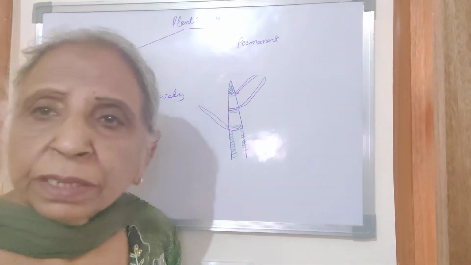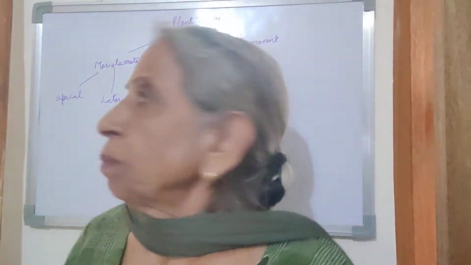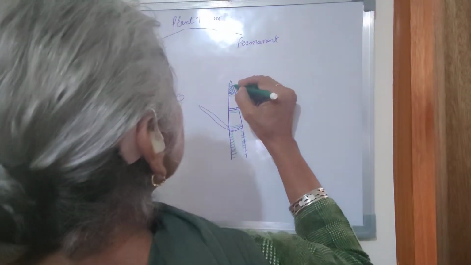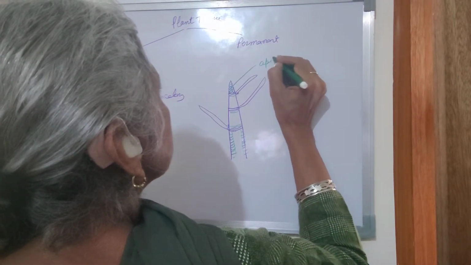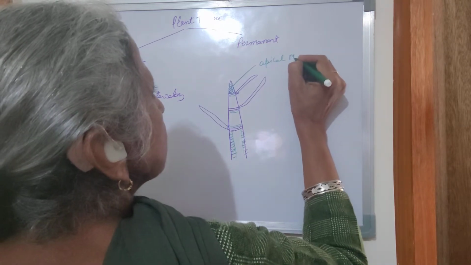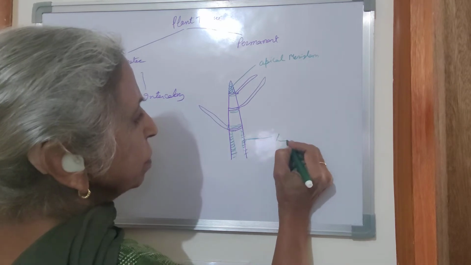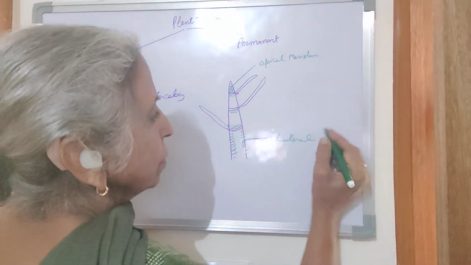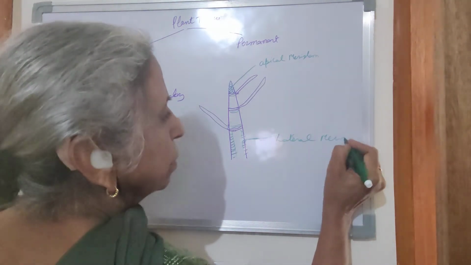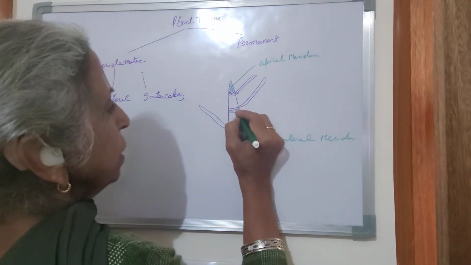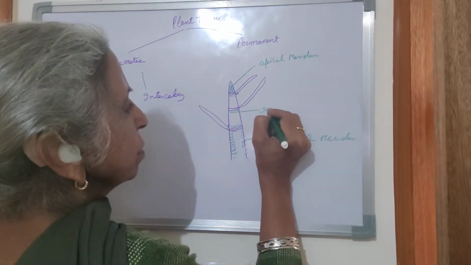Again I can repeat, meristematic tissue: this is the apical meristem, lateral meristem, and intercalary meristem.